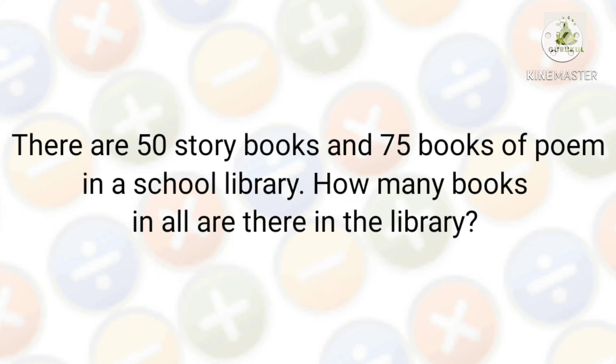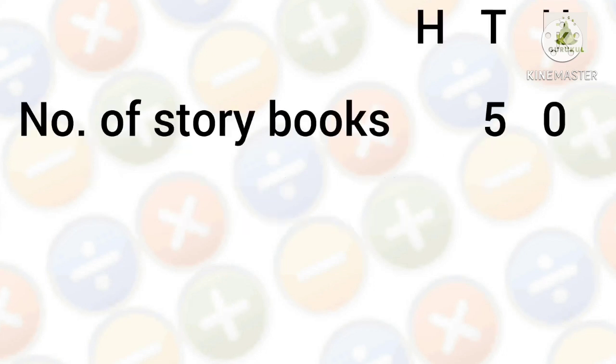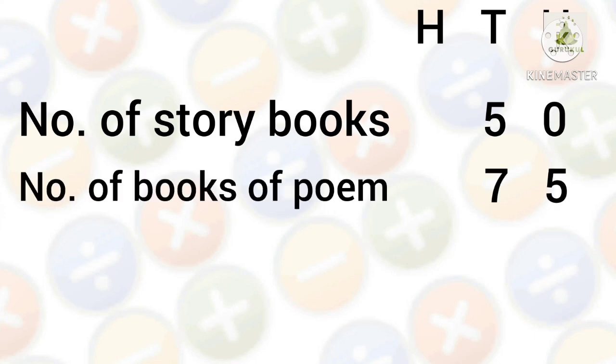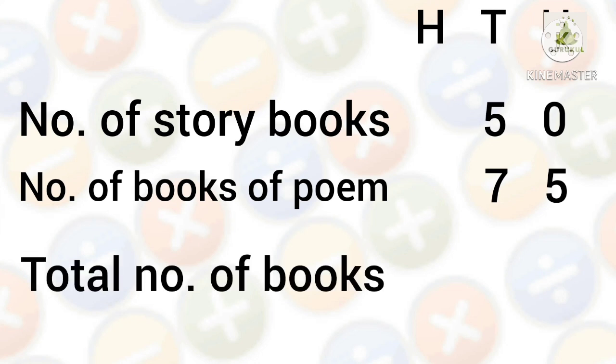Now we can solve the word problem as we saw before. So 50 number of storybooks, 75 number of books of poem, and then over here total number of books we have to find out. So now we will add 50 plus 75.